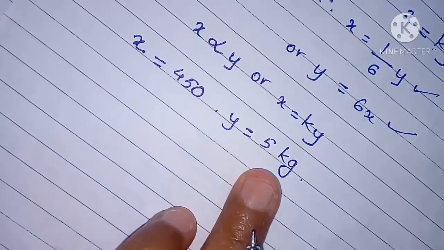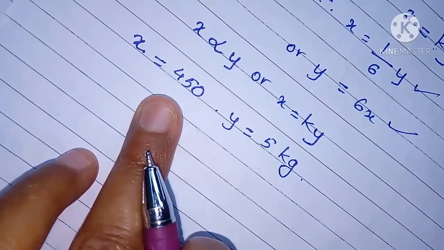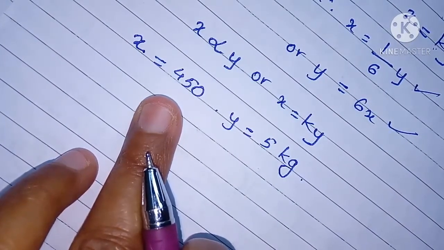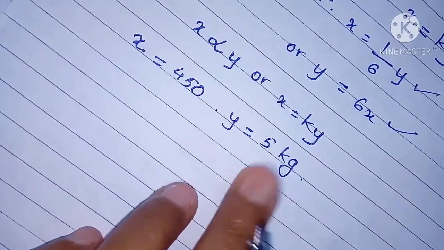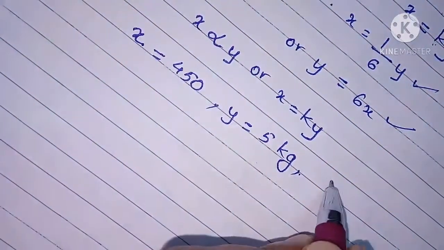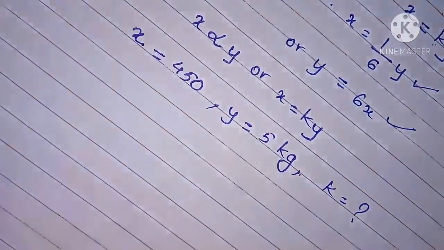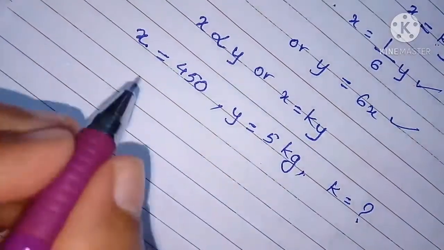When 5 kilogram groundnut has the rate 450 rupees, x and y are already known, hence find the value of k. First find the constant of variation, and after that find the equation, and then we get the answer.